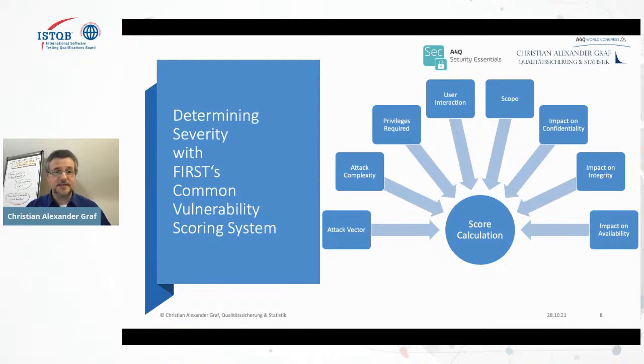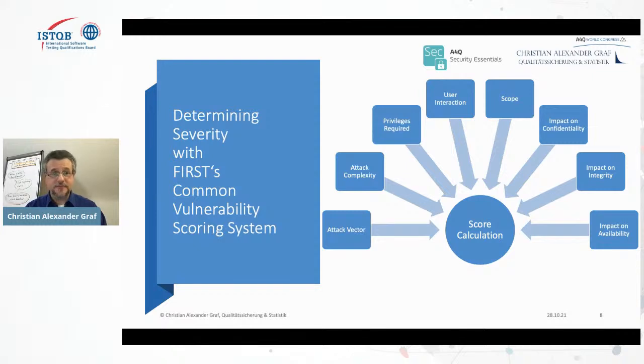For example, can I access it from everywhere on the internet, or do I actually need physical access to a system to exploit the vulnerability? So that's described by the attack vector. The second one is the attack complexity, which basically considers if I can do an attack anytime, or if I need special circumstances, like, for example, which often happen with race conditions or something like that.